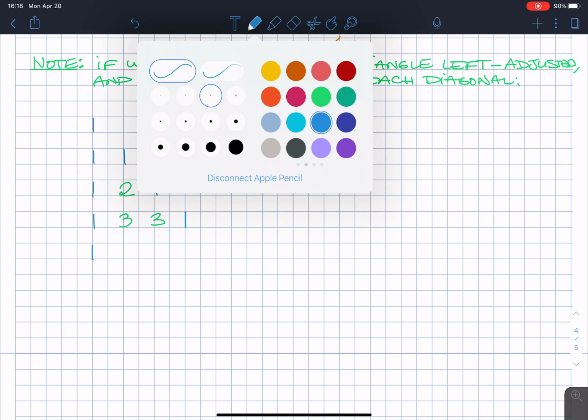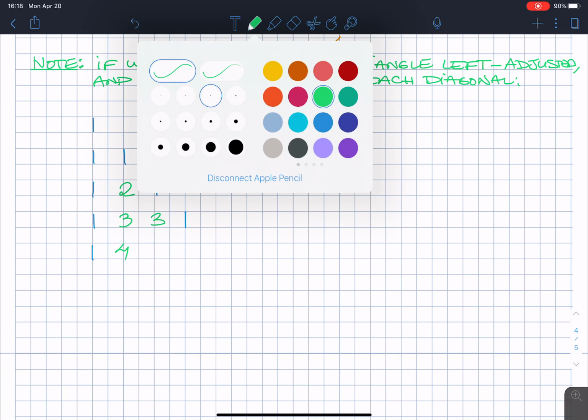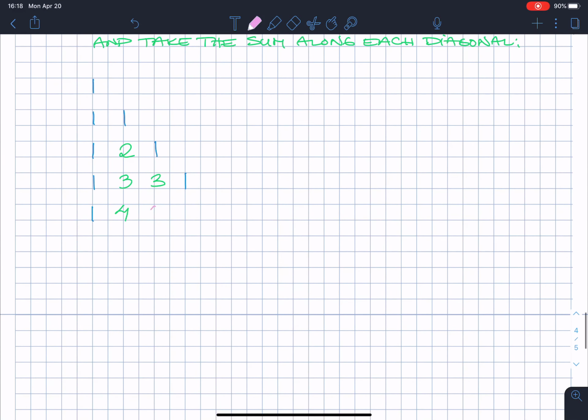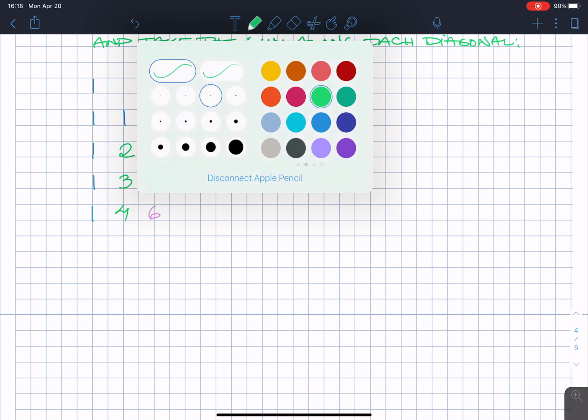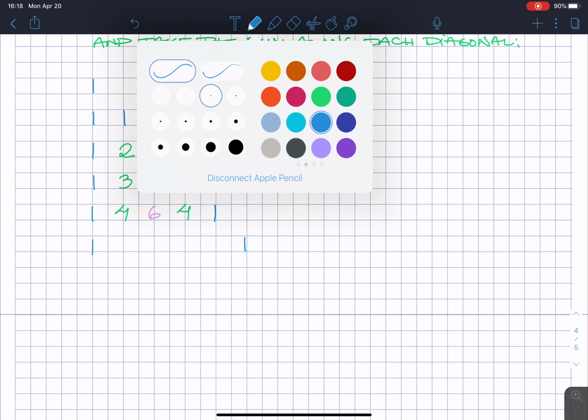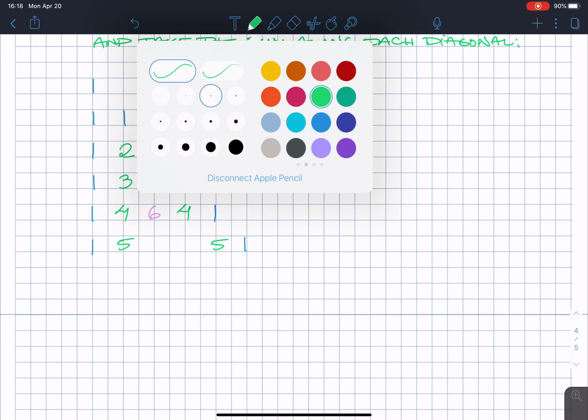And 1, 4. What did I use? Pink? I can't remember what color I used. Yes, I used pink. 4, 6, 4, 1. And 1, 5, 10, 10, 5, 1.